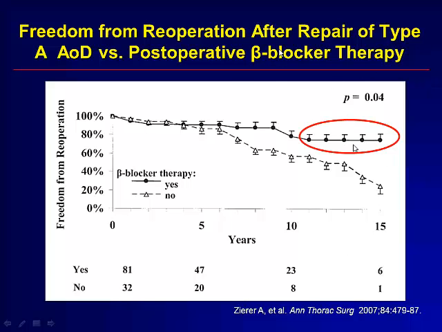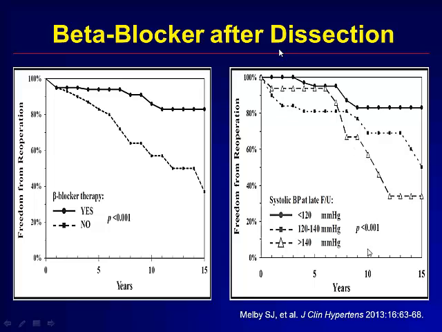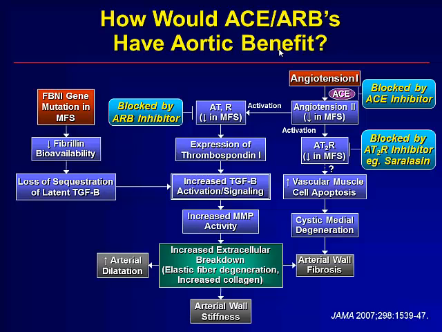If we look at blood pressure control, our target is less than 120/80. And we know from studies like this one that if that is achieved with beta blockers and other therapies, survival is markedly improved. So beta blockers are the anchor stone of current treatment for aortic dissection, short-term and long-term.